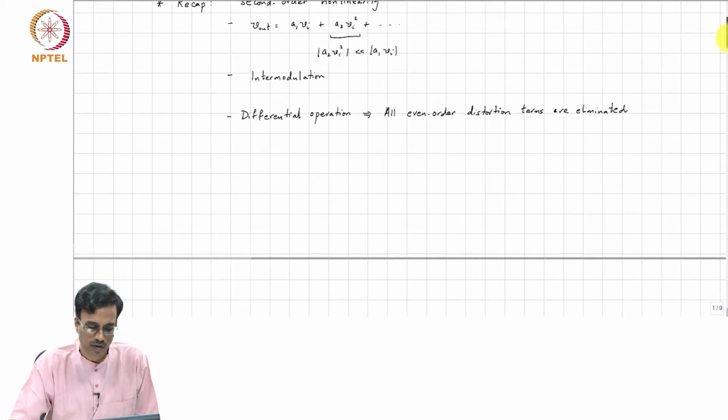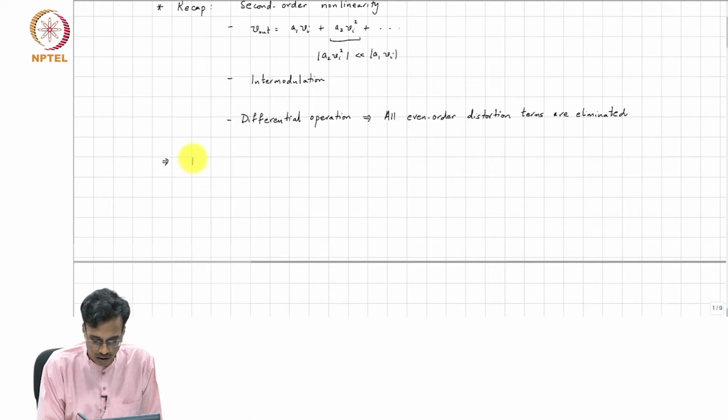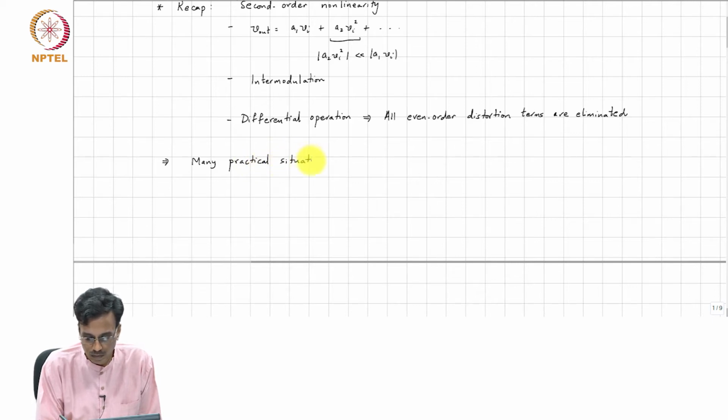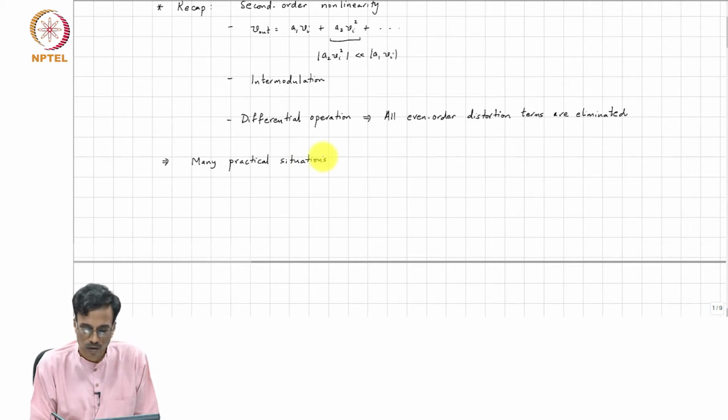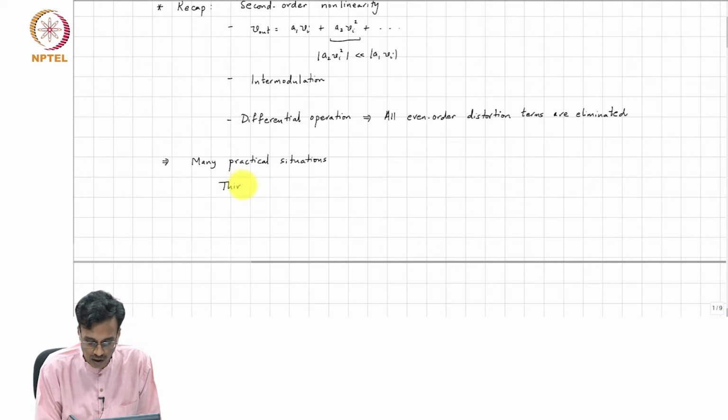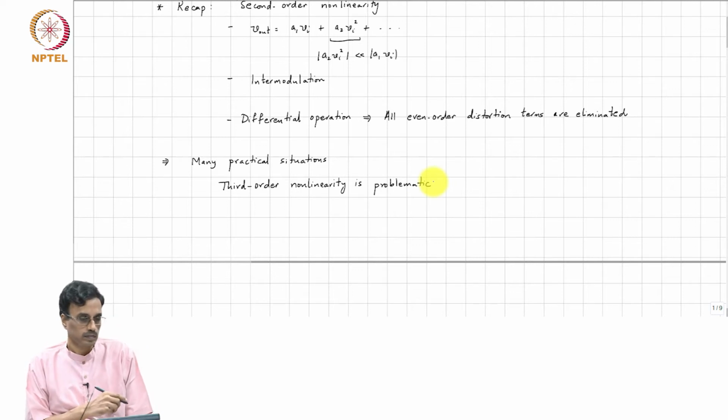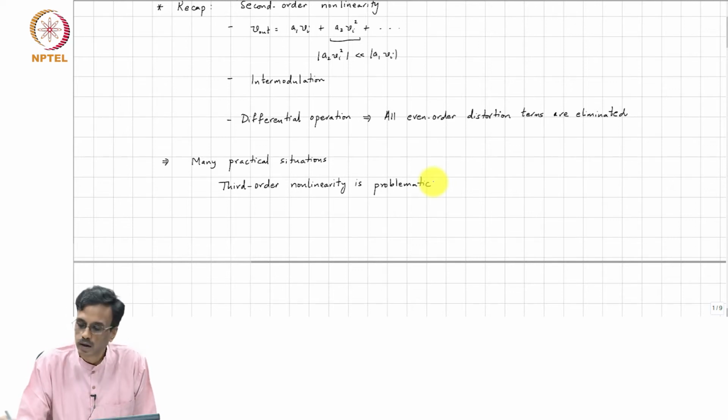So, in many practical systems, it is only the third harmonic or third order nonlinearity that is very problematic. Okay, and that is what we are going to see today.